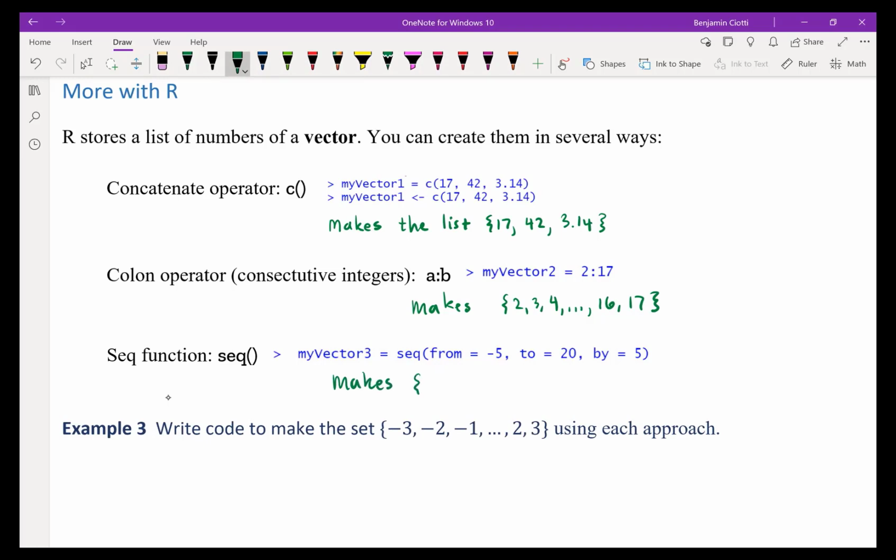Well, it starts at -5, and we're going up by 5s. So -5 plus 5 is 0. Up by 5 again is 5, then 10, 15, and then all the way up to 20, because that's what we said we were going up to.